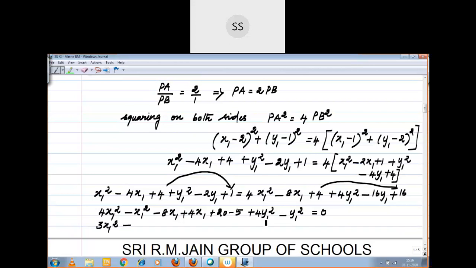Now, the related terms I grouped here, right children? 3x1 square plus 3y1 square minus 4x1. One more thing, minus 16y1 is there, no?